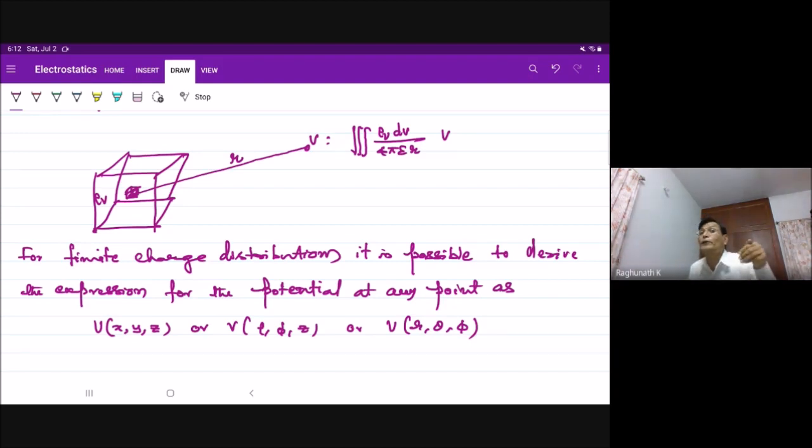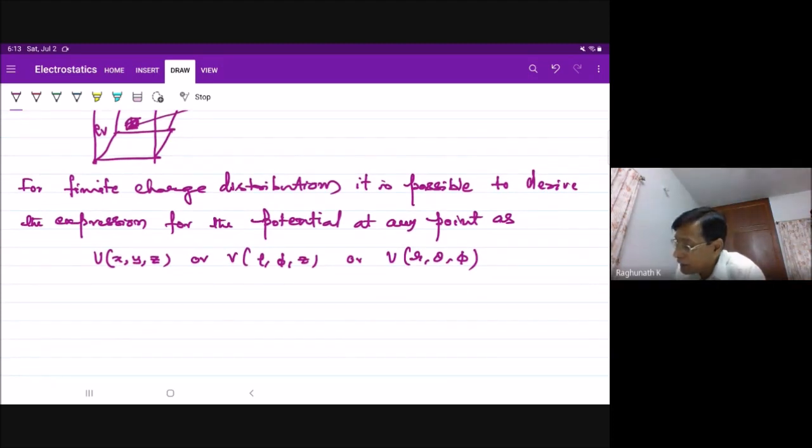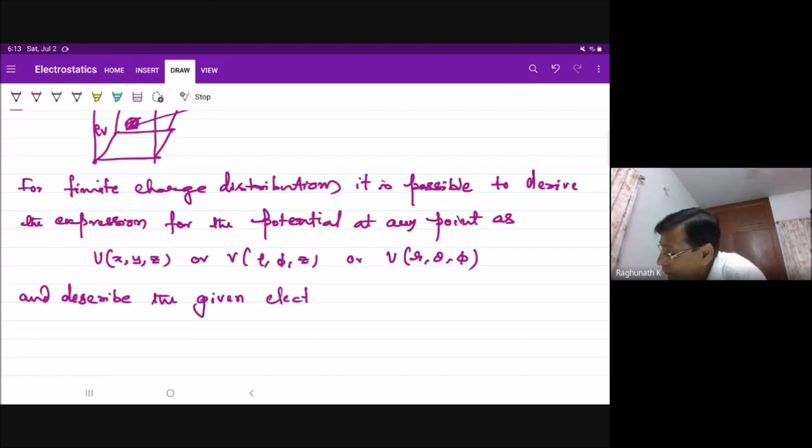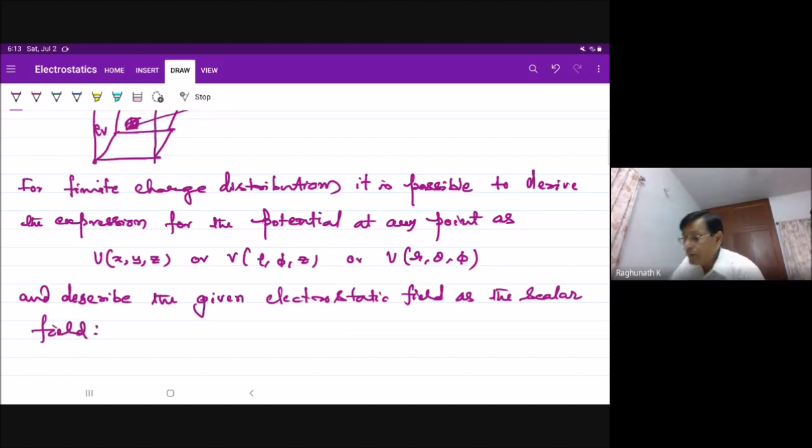When I can define the potential at any point because of a point charge, I can straight away determine the potential at any point because of a distributed charge, and describe the given electrostatic field as a scalar field. You agree this? Because you are describing it by giving potential at any point.